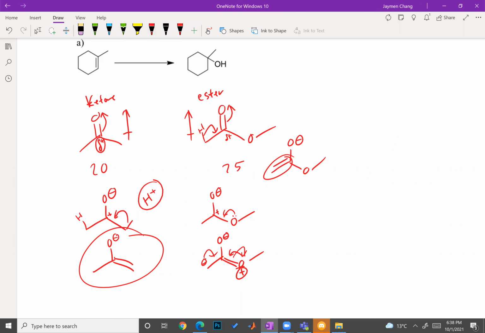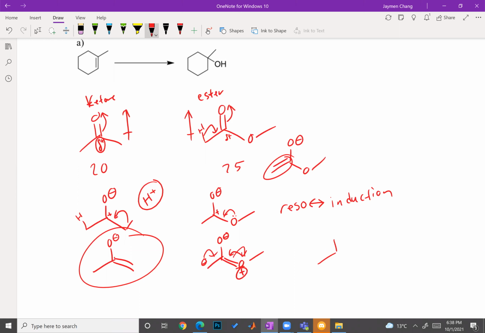No, okay, so when we're talking about stability, it's a bit weirder because there's different factors at play. So in this sort of case, we're fighting resonance versus induction. Notice how there's resonance here, and then there's also induction. So these two things are actually going to be competing with each other.